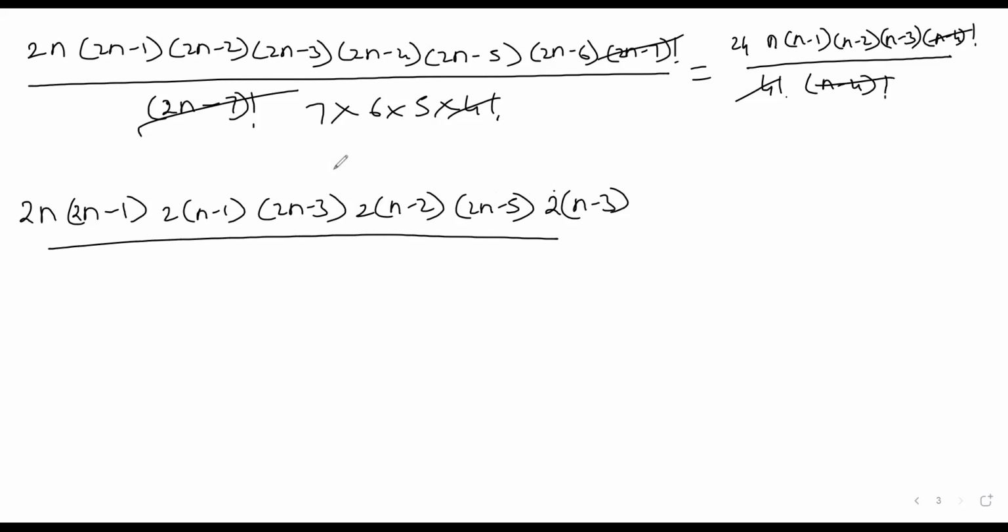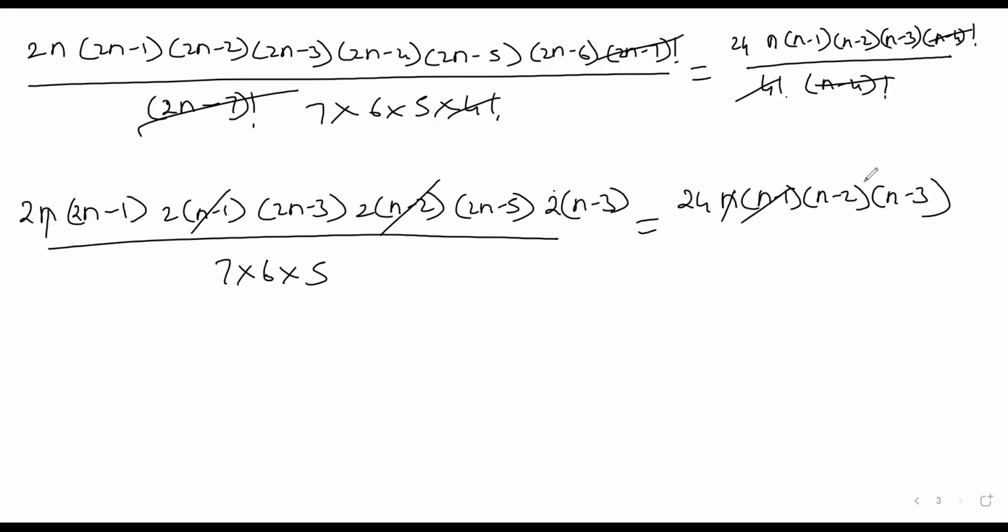Whole thing upon 7 into 6 into 5 is equal to 24 n minus 1, n minus 2, n minus 3. n cancels. n minus 1 cancels. n minus 2 will get cancelled. n minus 3 will get cancelled. We get 2 into 2, 4 into 2, 8 into 2, 16.